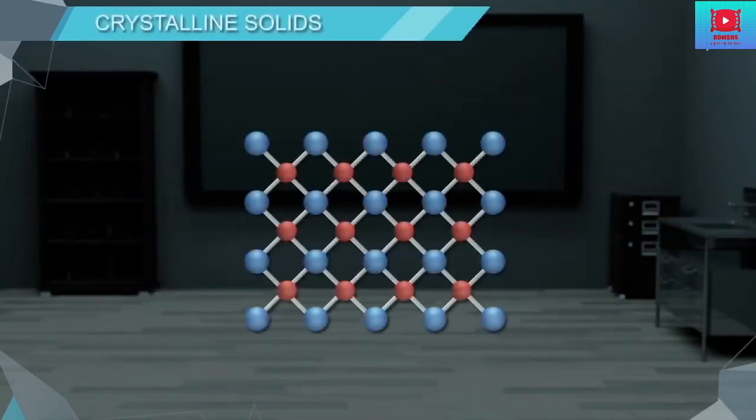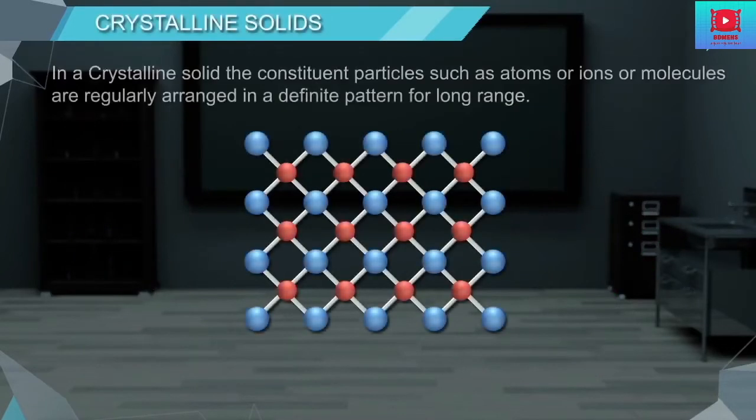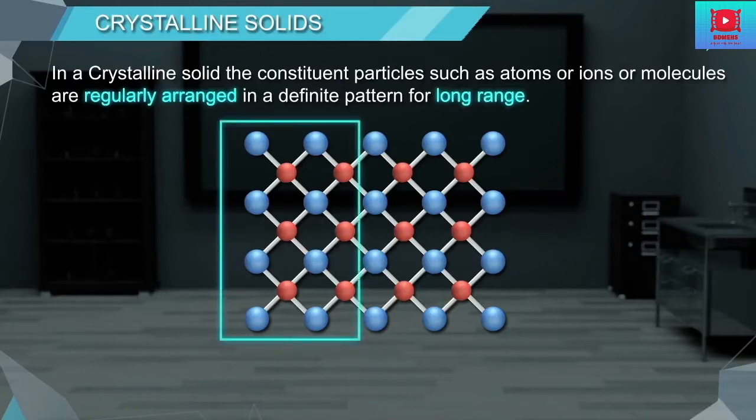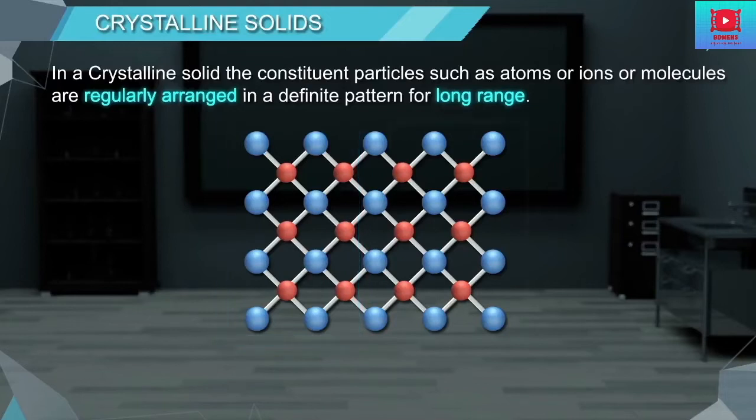Let us now discuss crystalline solids. In crystalline solids, the constituent particles such as atoms, ions or molecules are regularly arranged in a definite pattern for a long range. Here the arrangement is so regular that by knowing the arrangement at any one side, we can very well predict the arrangement of other sides.